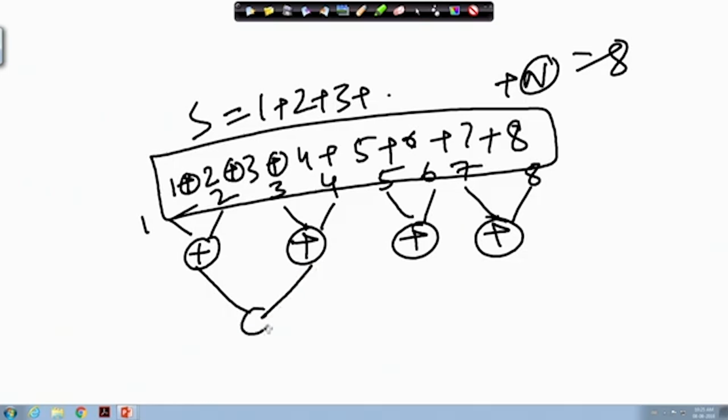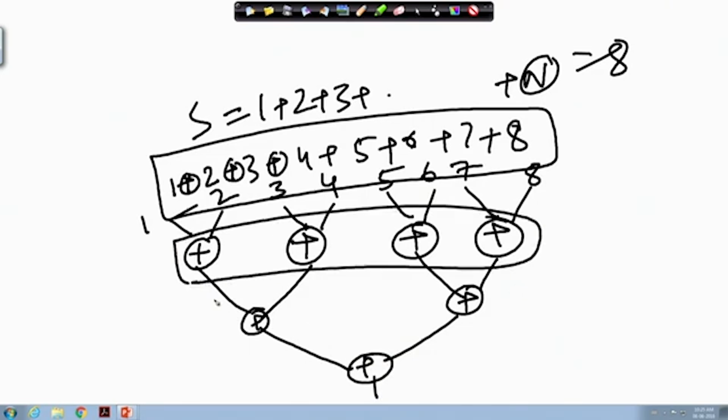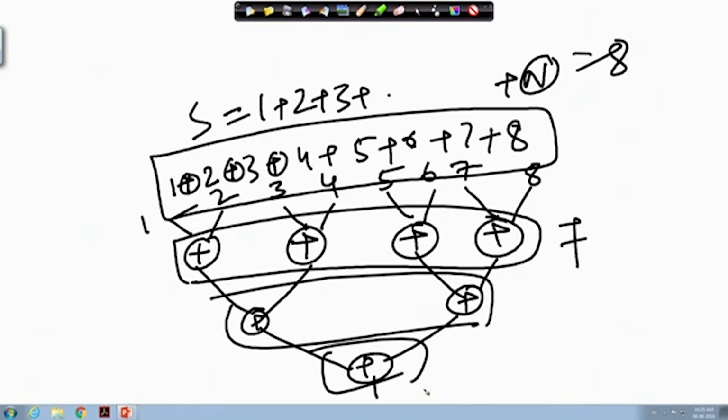Then this again I have to add, then this to this. Okay. So, here you see how many adders I require? Total 7.